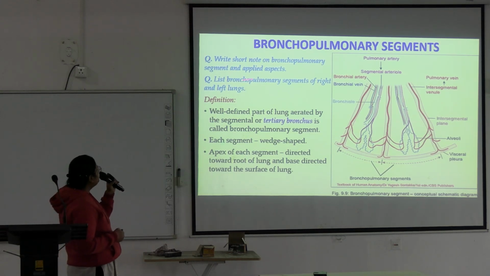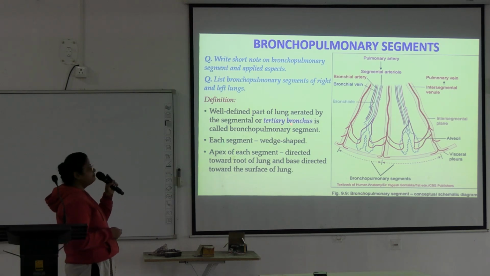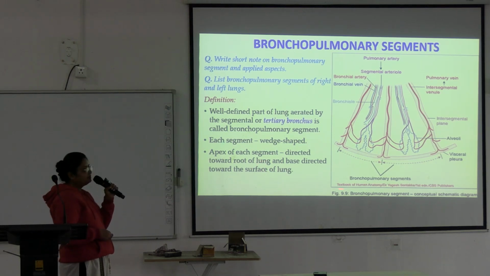So the definition: a well-defined part of the lung aerated by the segmental or tertiary bronchus is called a bronchopulmonary segment. Each segment is wedge-shaped. Apex of each segment is directed towards the root of the lung and base is directed towards the surface of the lung.